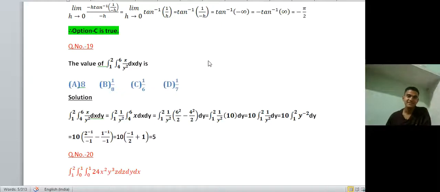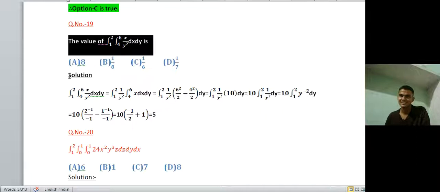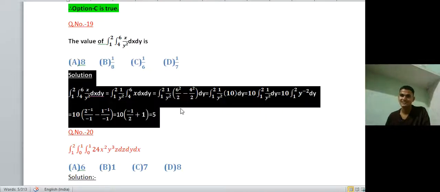Second, one student may commit mistakes in addition, subtraction, multiplication, and division while solving this problem. So you have to be careful, and you have to practice well so that you will solve it within very little time and you will not commit mistakes while solving such a problem. Then we'll go to the next question. You can see it, and I have solved it.